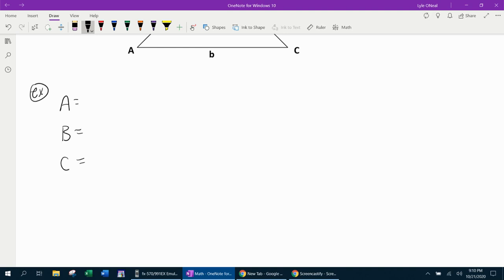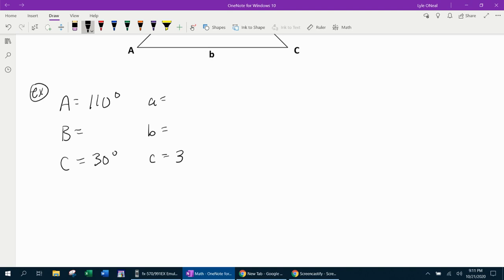Remember that the capital letters are angles, and they give us that angle A is 110 degrees, and angle C is 30 degrees. We also have our sides. Lowercase letters are sides, and they give us that side c is 3.